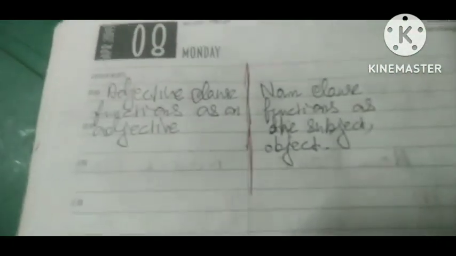And the adverb clause you can recognize easily. And there is another difference between adjective clause and noun clause. An adjective clause functions as an adjective, and a noun clause functions as the subject and the object of the sentence.